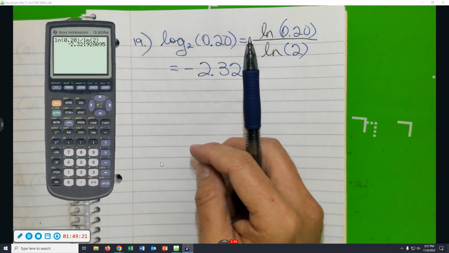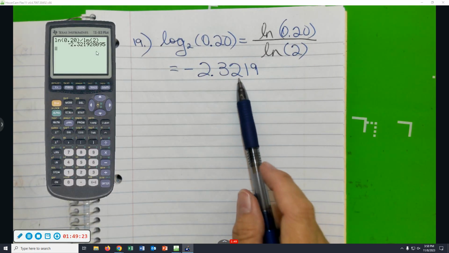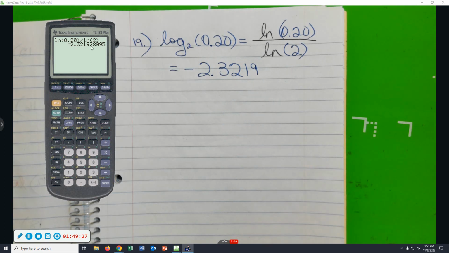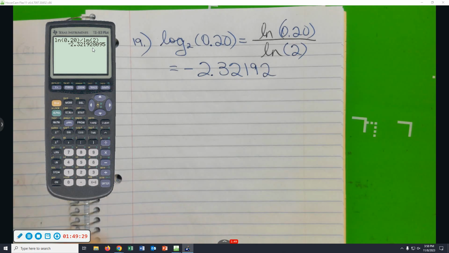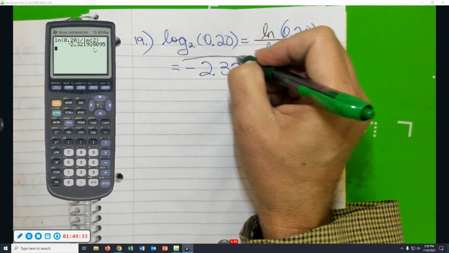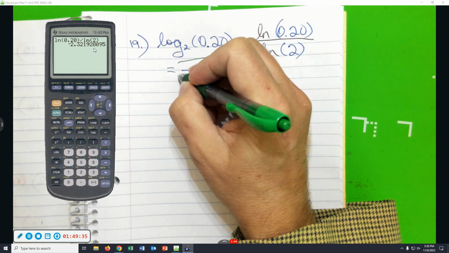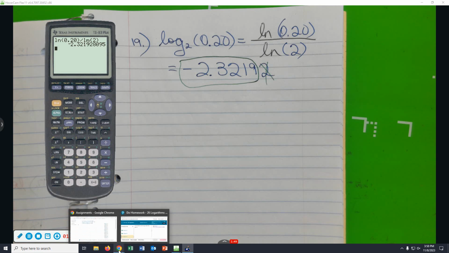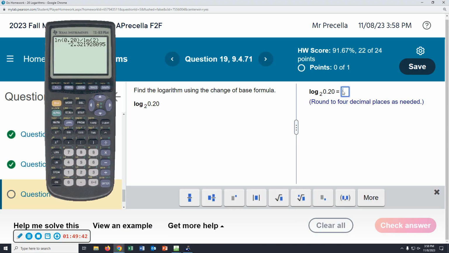Since the number after the 19 was a 2, that's smaller than 5, we just drop it. And there's what they want. Negative 2.3219.